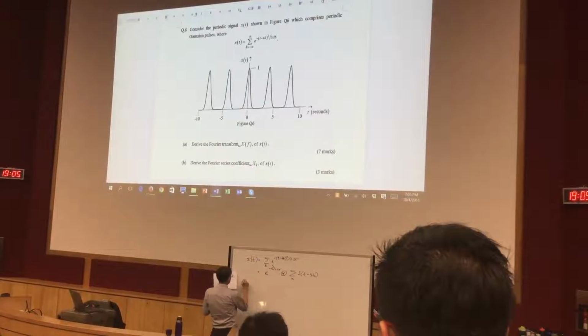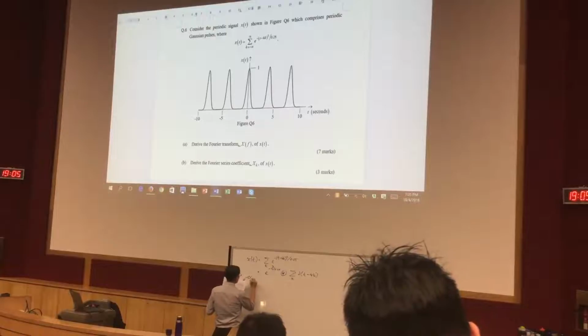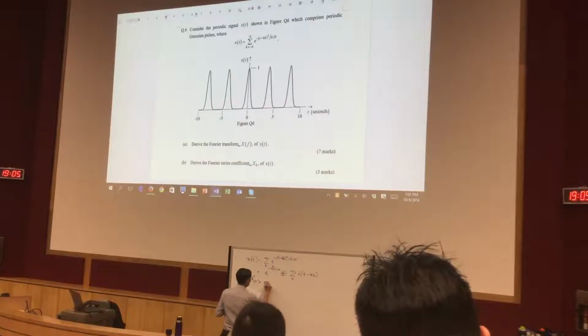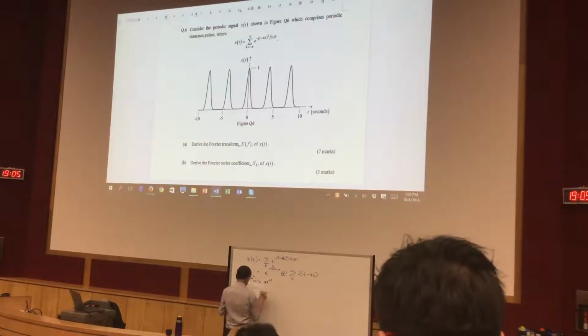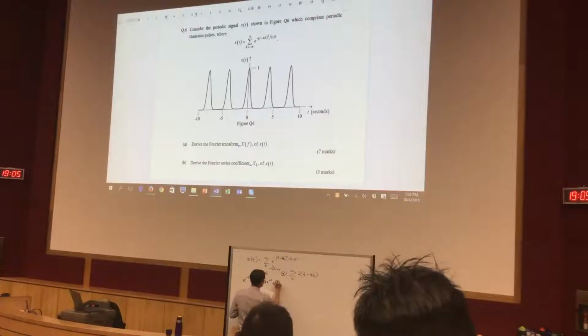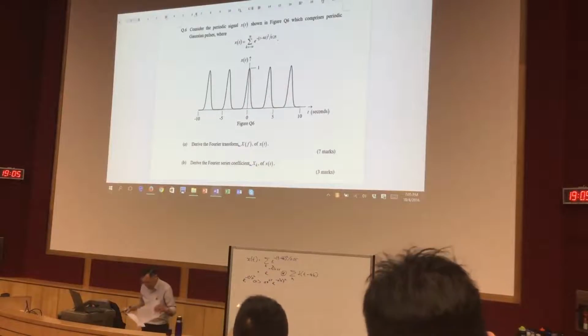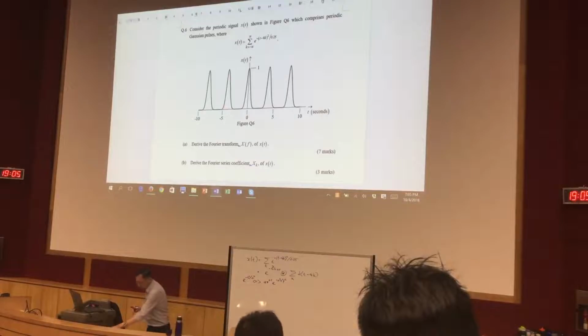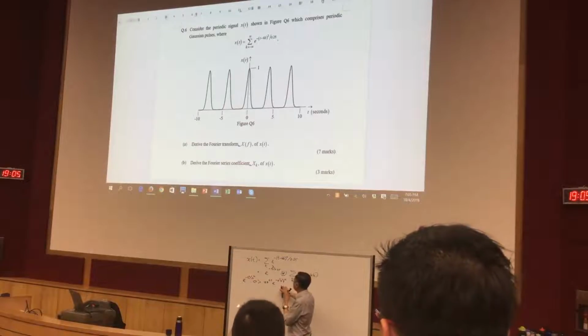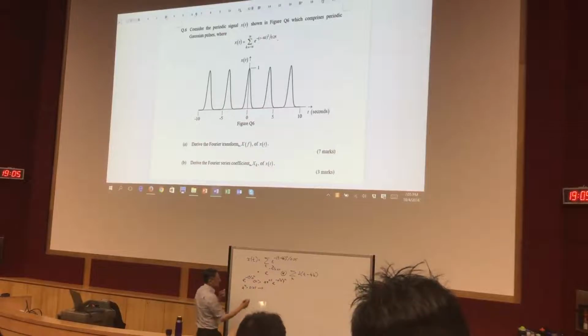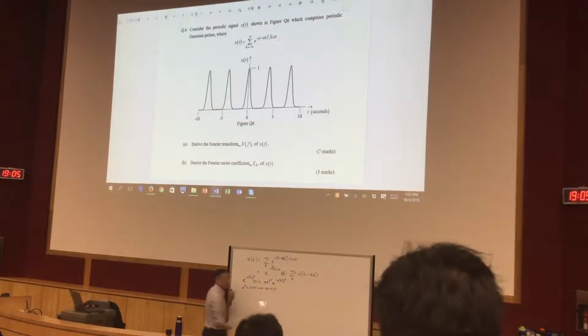Gaussian. So that's your Fourier. If you compare against this, a squared is 0.25, right? Correct?